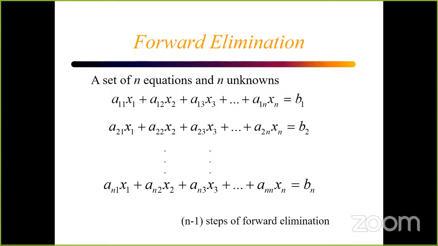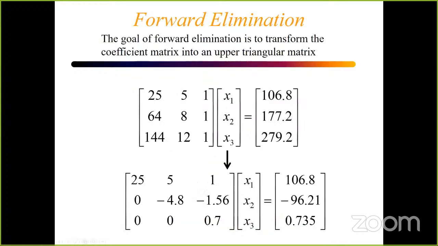Assume a set of equations: let there be n equations and n unknowns. If there are three coefficients, you need three equations; if two, two equations; if four, four equations. If there are three variables and you have four equations, it is overdetermined.